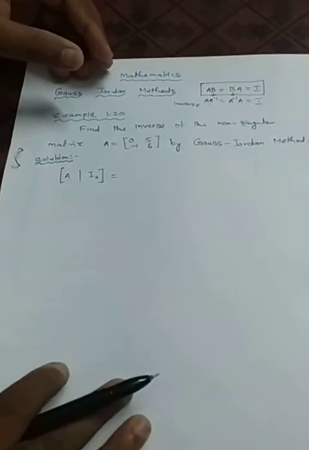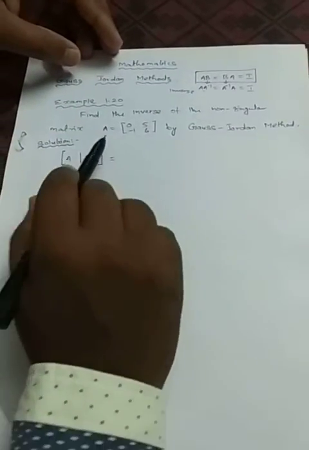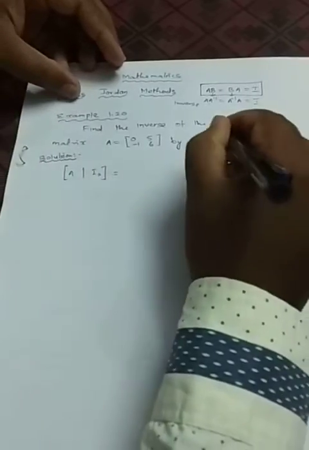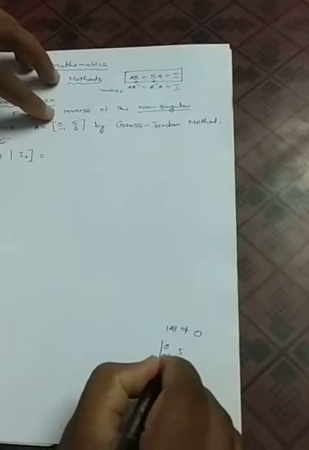In this, one problem is given. Example 1.20 says to find the inverse of the non-singular matrix. The word they have mentioned is non-singular. Non-singular means the determinant value should not go to 0. You can take the matrix 0, 5, minus 1, 6.